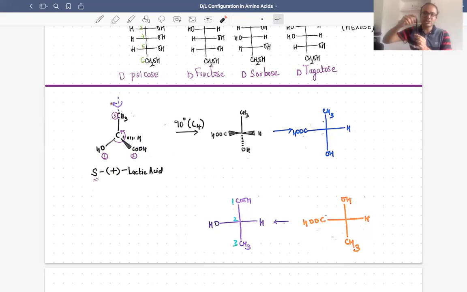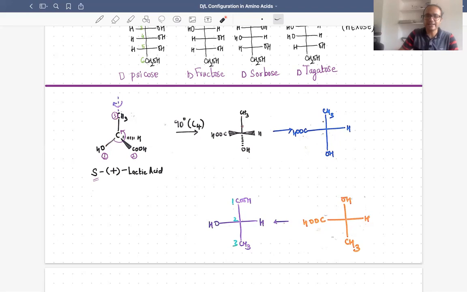You might be visualizing it in the video in a wrong way, but when you do it on your own on this page, it looks clockwise. So when you rotate it clockwise by 90 degrees, you can understand that this particular bond will go to the back side.